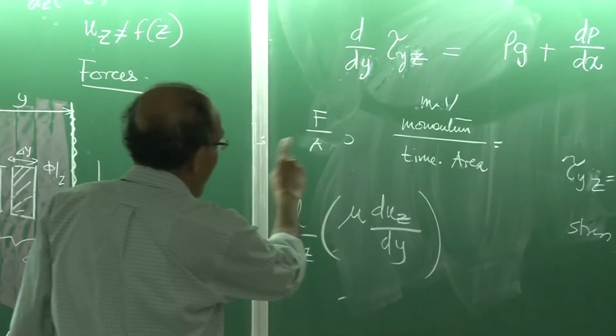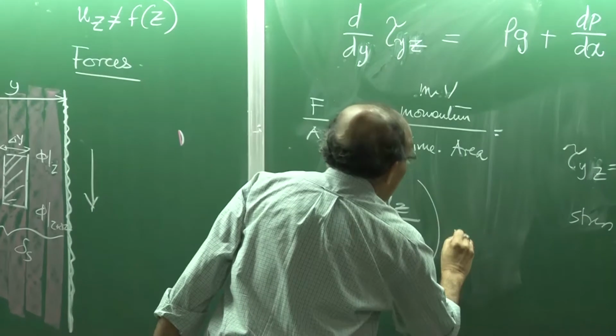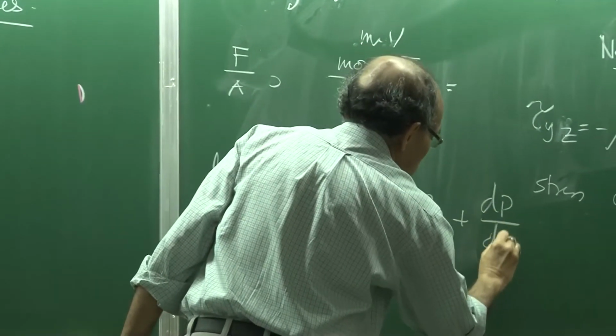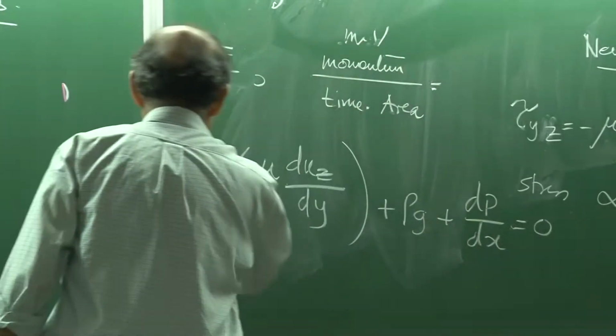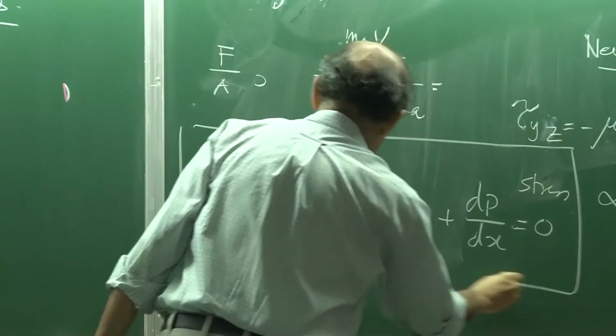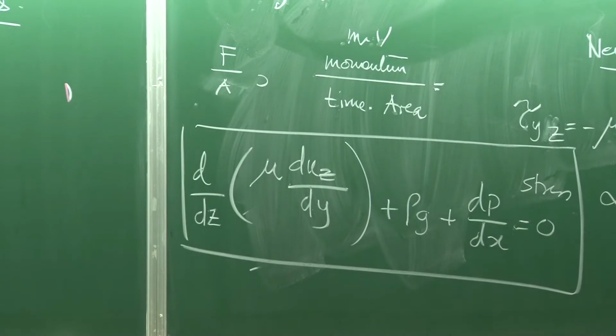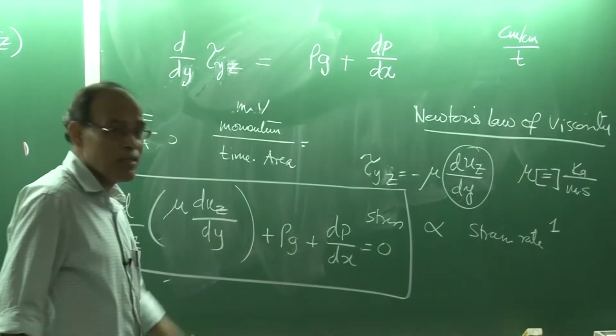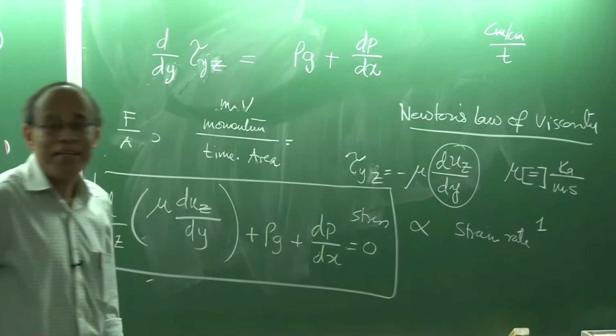And if we take it to the other side, then we get plus rho g plus del p del x, and that is good. That represents our momentum conservation expression in this particular case. Now, this term is constant here, rho g. Now, let us look at del p del x.